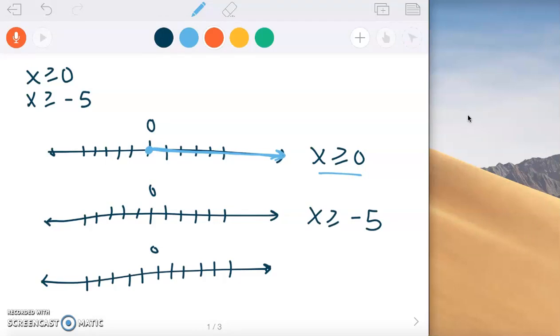It covers everything to the right of -5, represented by the red region. Now, what is covered by both? The only area is 0, including 0, and up. So x needs to be greater than or equal to 0.